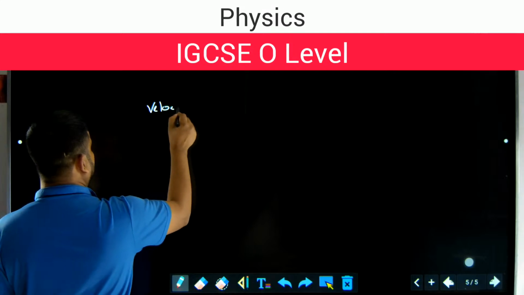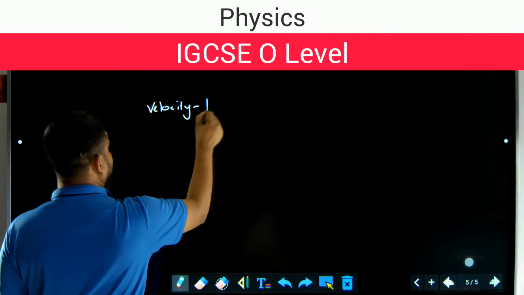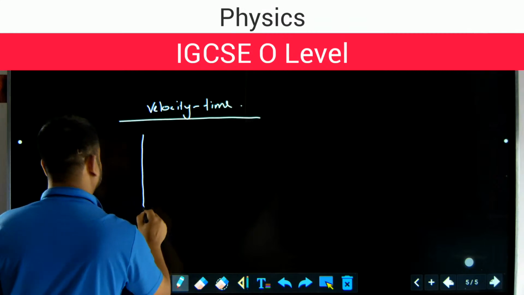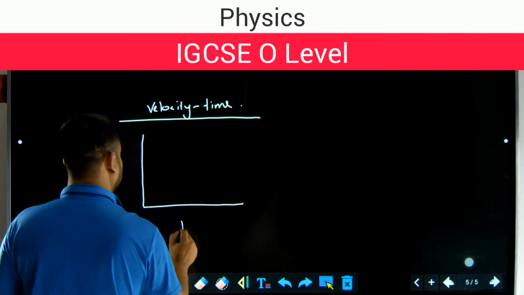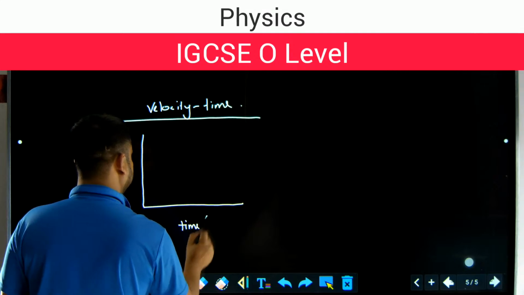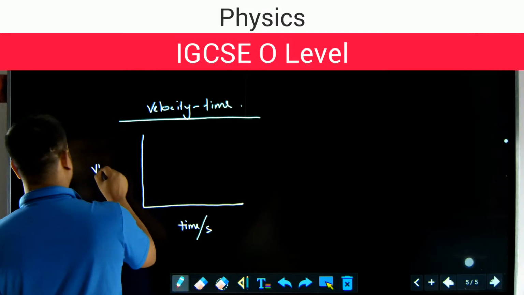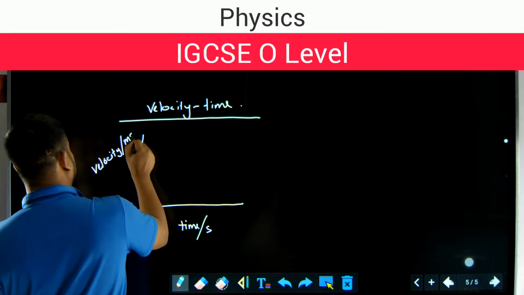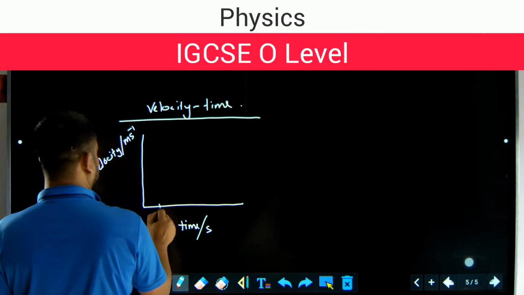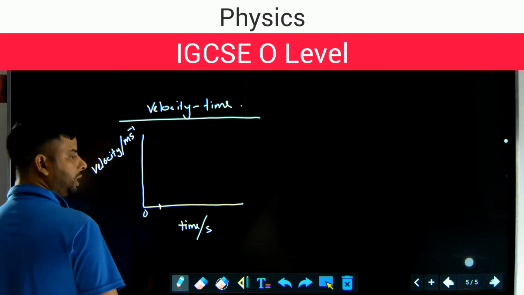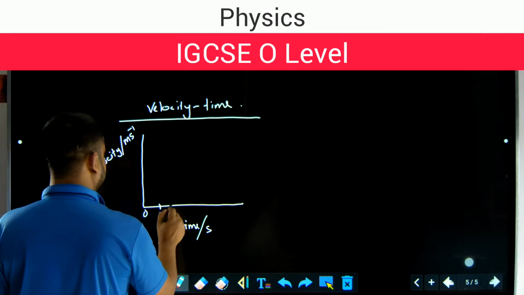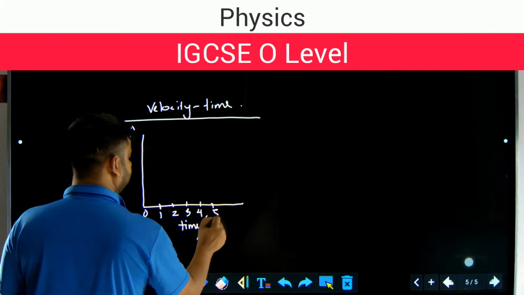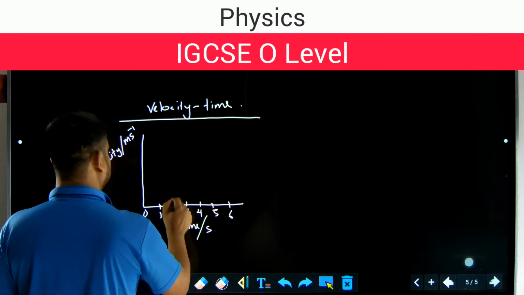If a velocity time graph is like that, with time in seconds on the x-axis and velocity on the y-axis, the unit is meter per second. Say 0 is the initial time, then 1 second, 2, 3, 4, 5, 6 seconds, and the graph is like that.